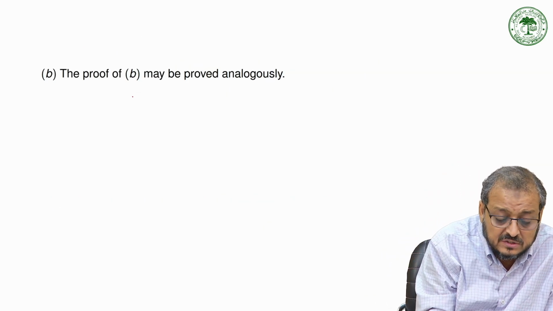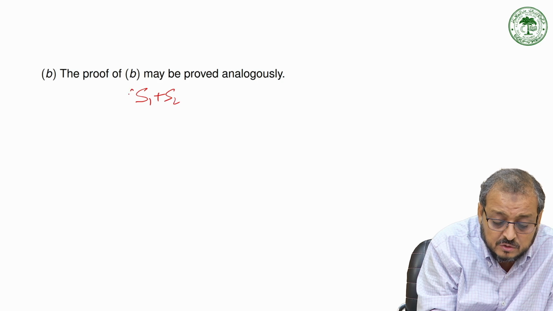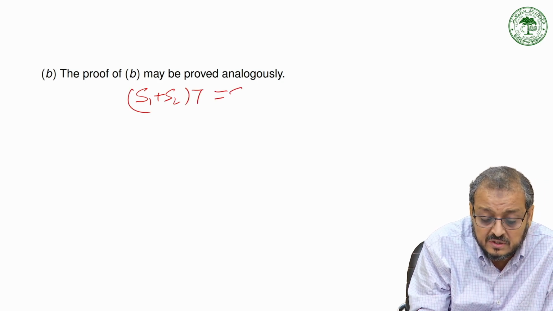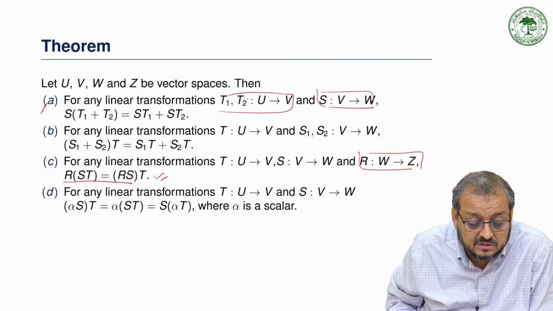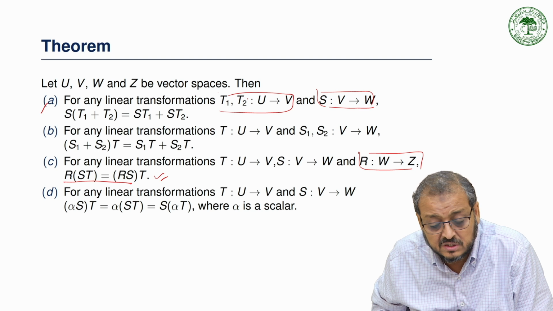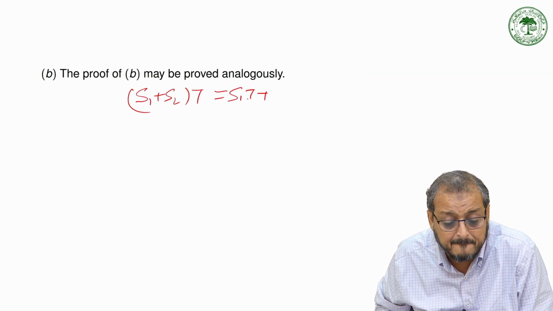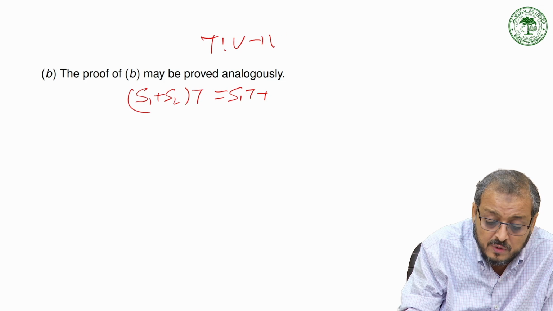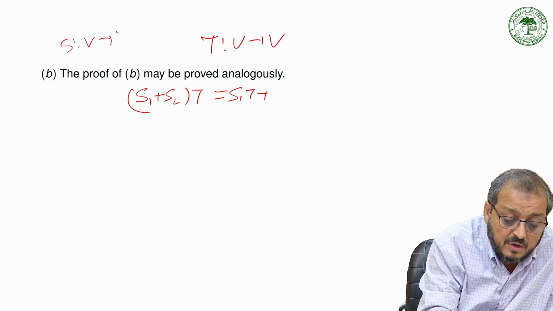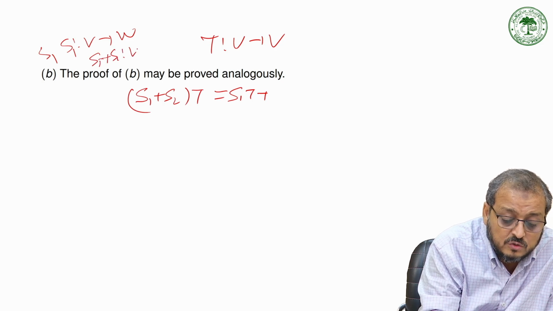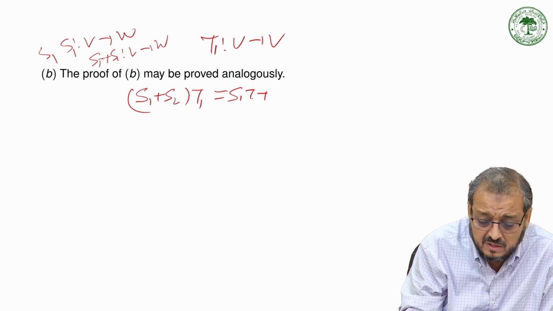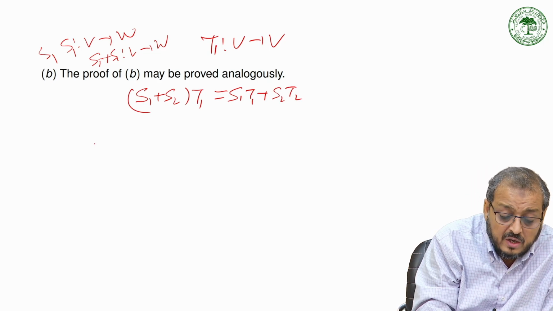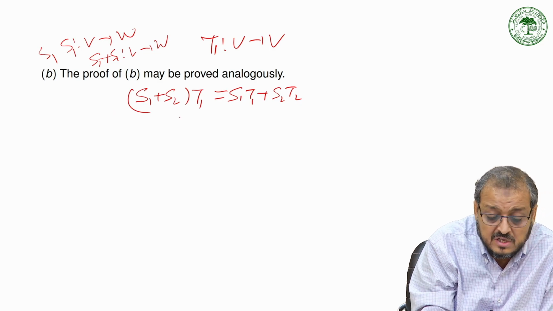So (S1 + S2)T is nothing but equal to S1T + S2T. Here T is from U to V, S is from V to W, and S1 and S2 are also from V to W. Then the sum S1 + S2 is also from V to W. So we take T1 and then S2 T2, so this sum is an element of maps from U to V.